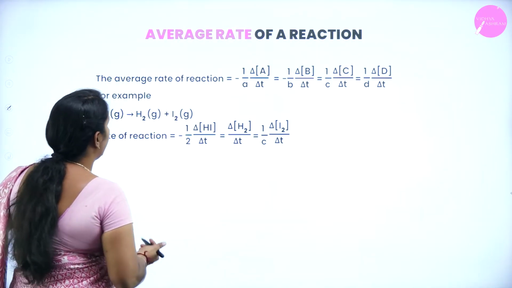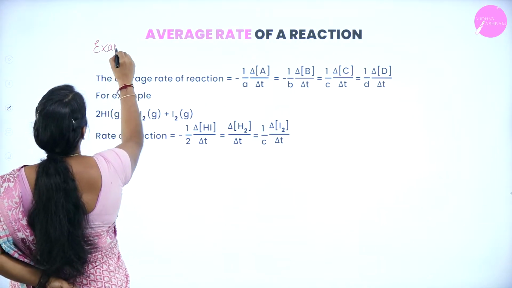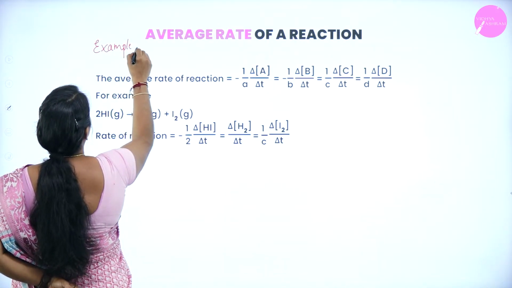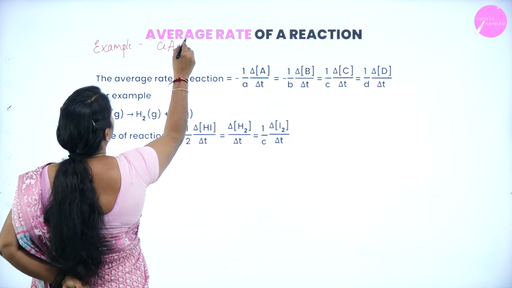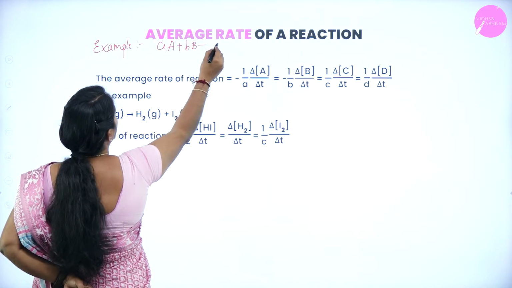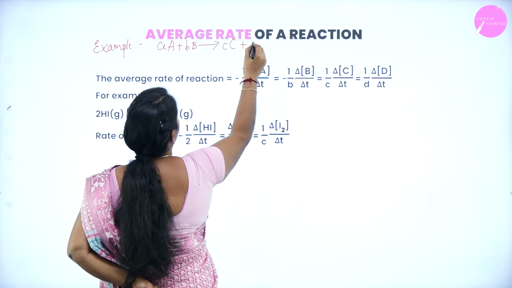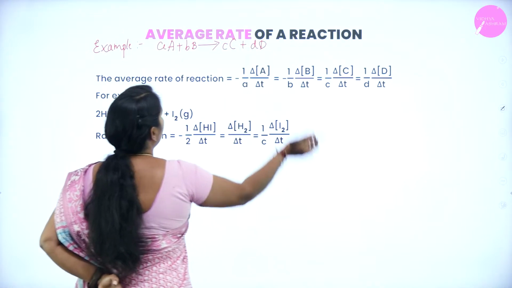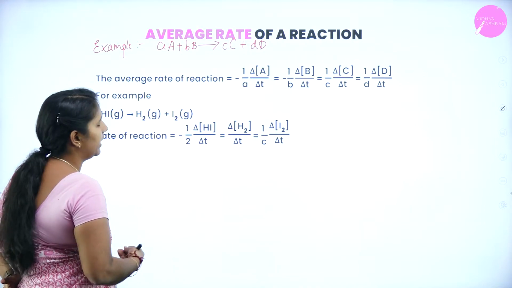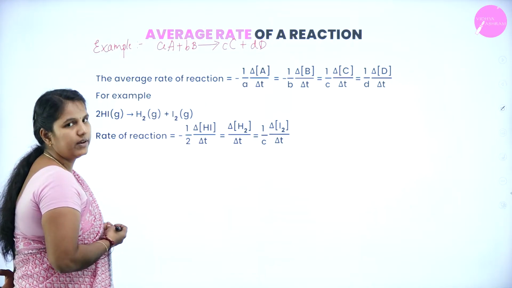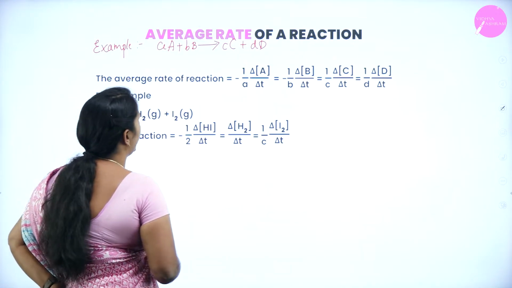Similarly, you can take the example of A plus B giving rise to C plus D. In this equation, we can easily understand how to write the average rate of reaction.